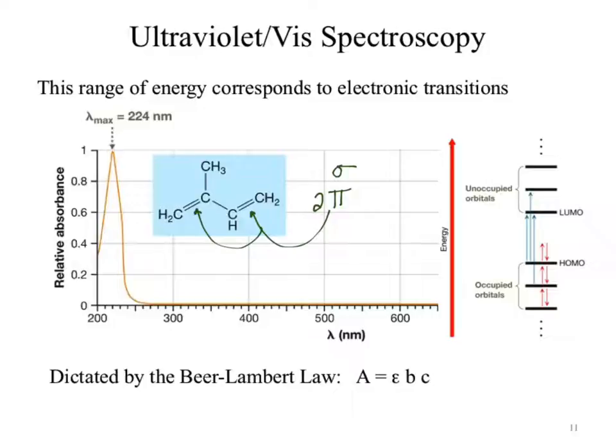What happens when we hit it with UV light? It can excite the electrons. It'll excite the electrons where? It will likely excite the electrons in the pi-type orbitals, the highest energy ones. Why would it excite the highest energy orbitals?